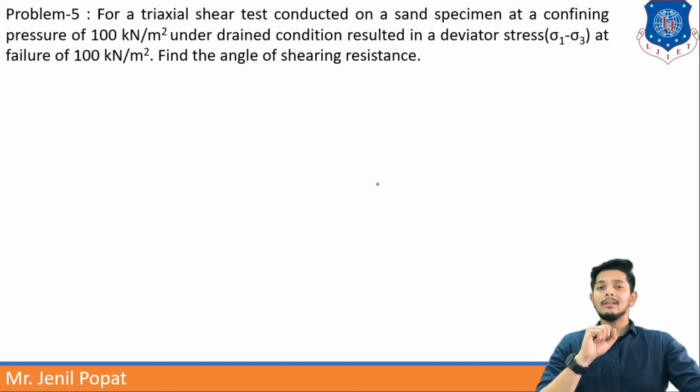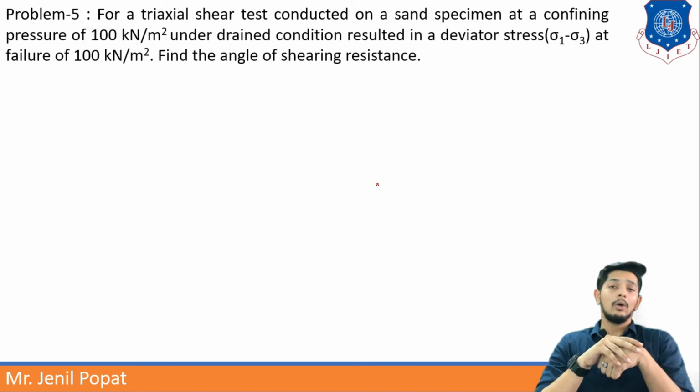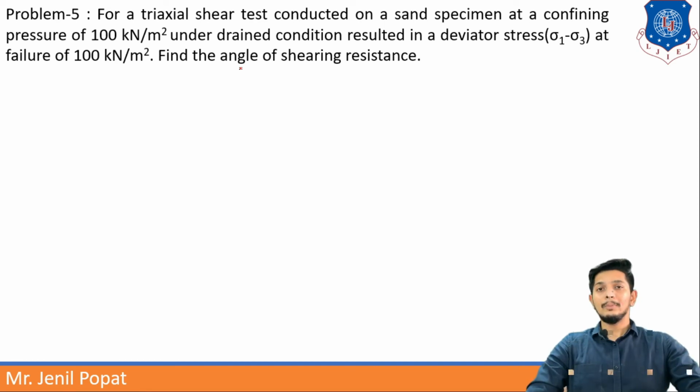Under drained condition it resulted in a deviator stress, which is sigma 1 minus sigma 3 at failure, of 100 kilonewton per meter square. You are told to find the angle of shearing resistance. So basically we need to find the angle of shearing resistance, that is phi.